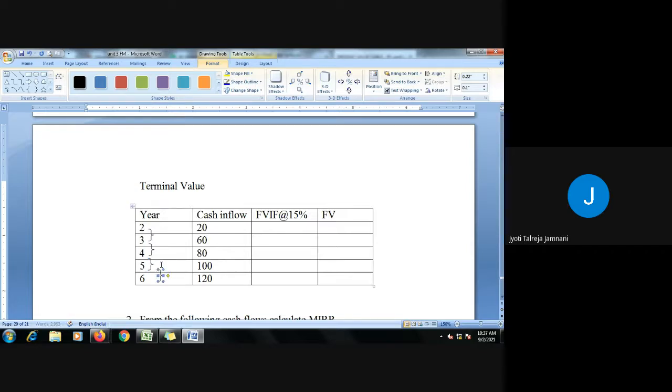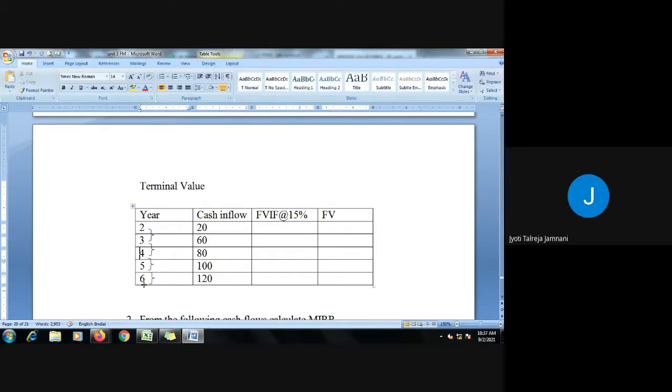So 4 years we are going into the future. I'm trying to show it through the brackets here. Is it visible clearly to everybody? So 2 to 3, 3 to 4, 4 to 5, 5 to 6: 4 years ahead we are going.